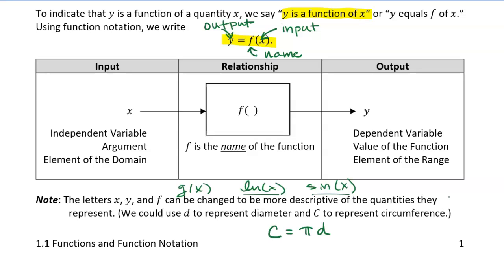The input is x. Same way over here, this is the input. Maybe you've heard of sine and cosine before, but sine is just the name of the function, just like we're replacing the f with sin.